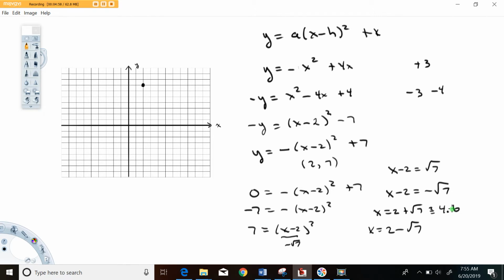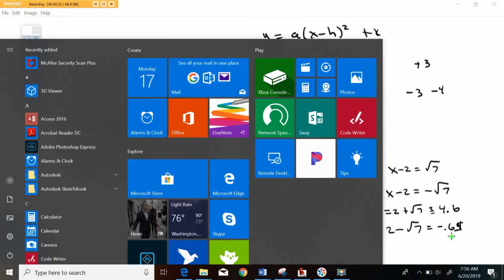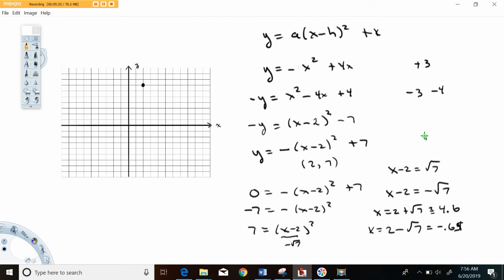And then this one is, I think, negative 0.64. Just check that real quick. Yeah, actually negative 0.65. I guess that rounds to a 5. Whoops. Sorry about that.